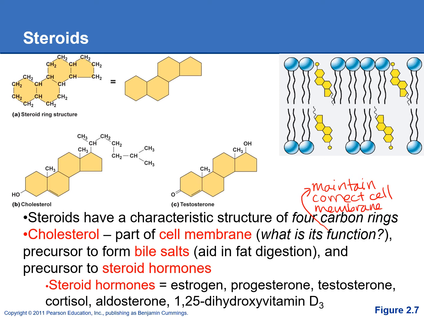Because you don't want the membrane to be too solid or too runny. And so the cholesterol will make it just the right consistency. So it helps with that. And then other things we use cholesterol for in our bodies, because I know cholesterol kind of gets a bad rap, but we actually do need it.